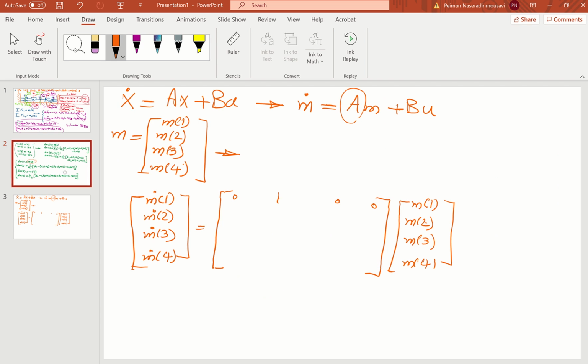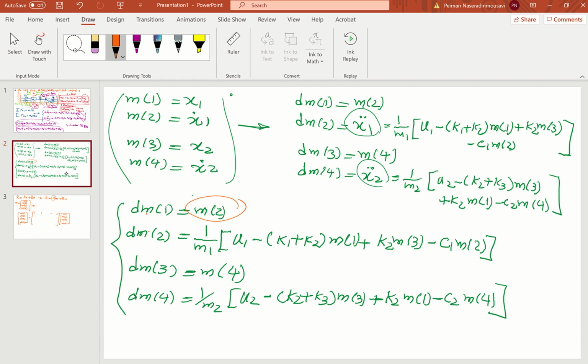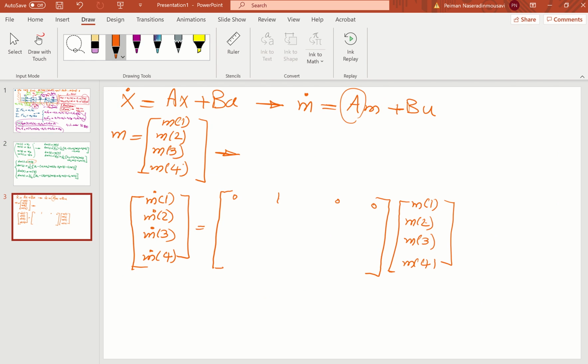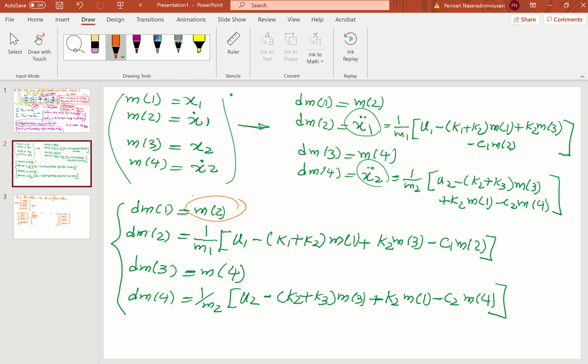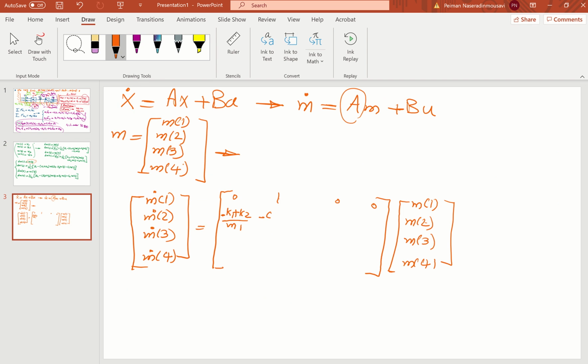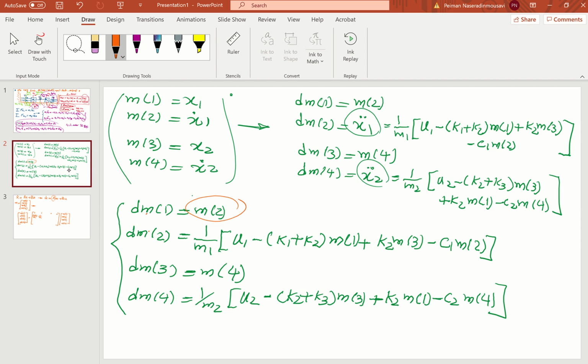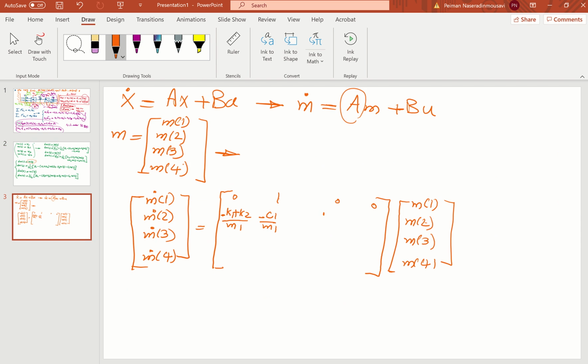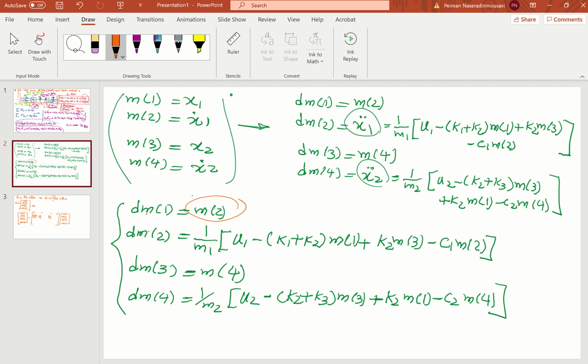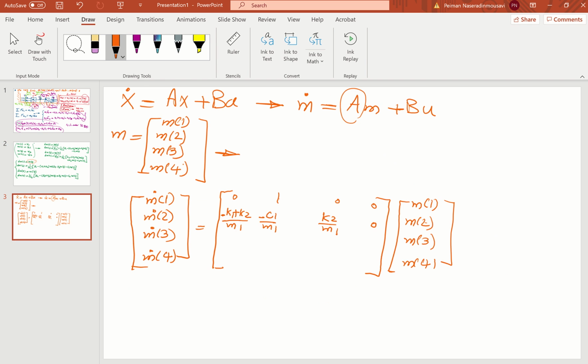Second line: m1 has minus k1 plus k2 divided by mass of the first, m2 has minus c1 over m1, 3 gonna be k2 over m1. Do we have m4? No. This is gonna be 0.